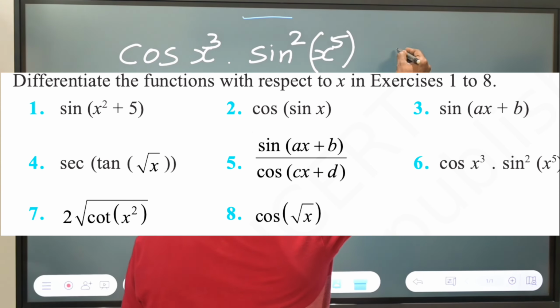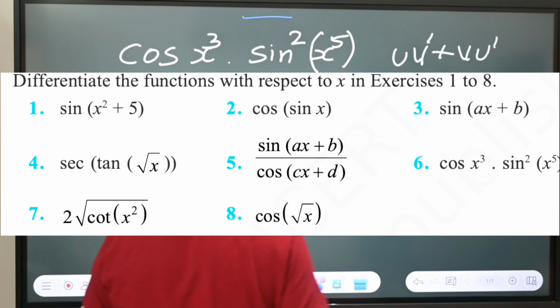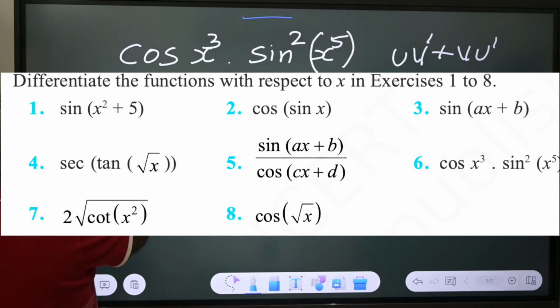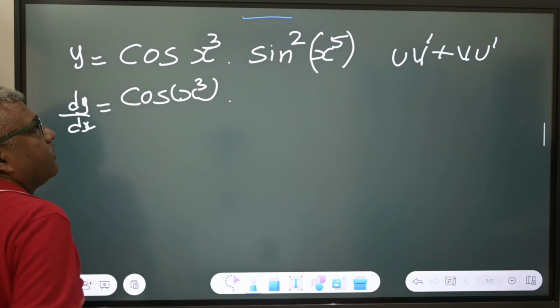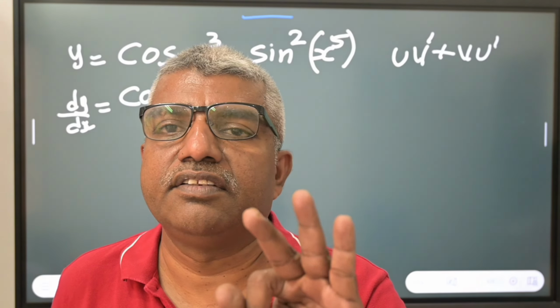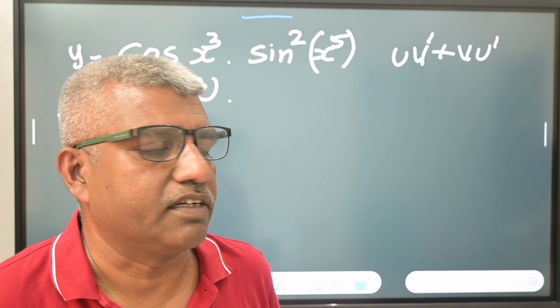u v dash plus v u dash. cos x cube is y, so dy by dx is equal to cos x cube, you keep as it is, sin squared x power 5. This sin squared x power 5, we have to do 3 differentiations.